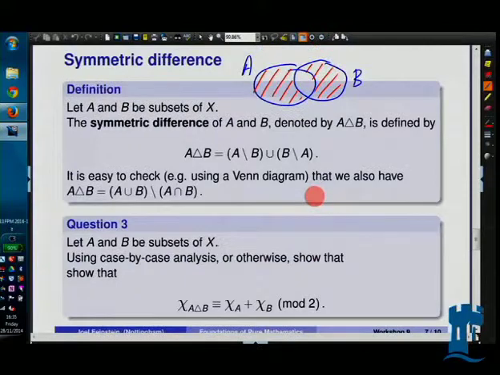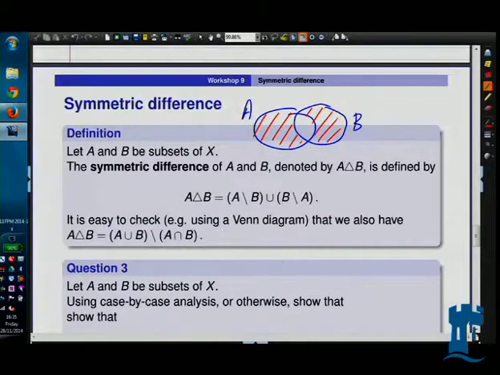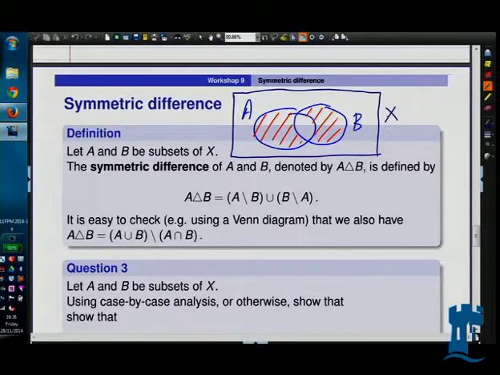Now, for case-by-case analysis, you better include the case where you're outside the union. So I'll draw a big box for X as well. When you're doing case-by-case analysis, there are basically 4 places to look: outside the union, in A but not B, in B but not A, and in the intersection.